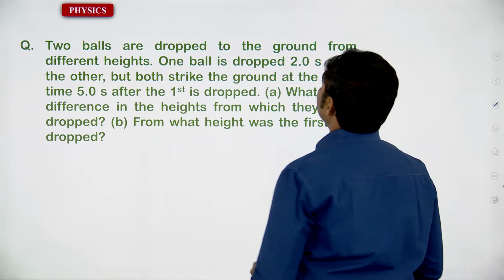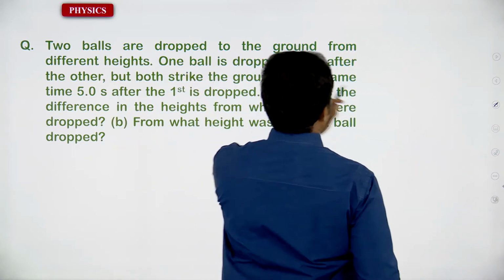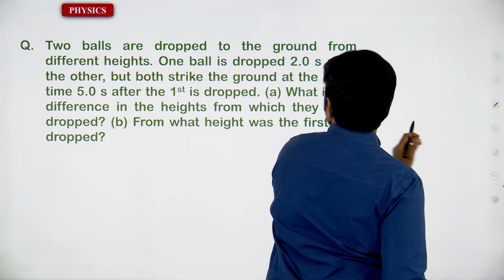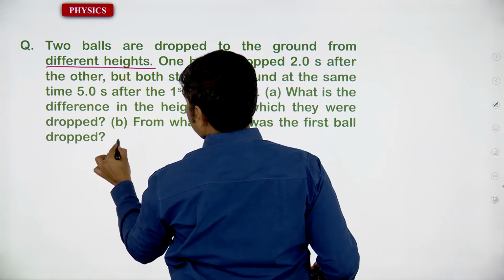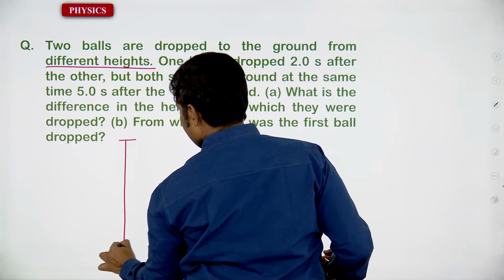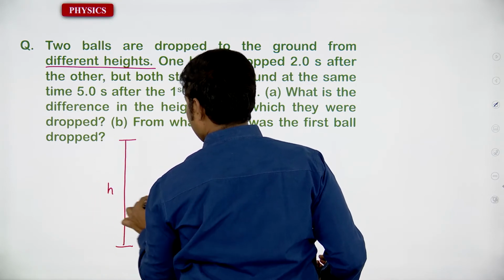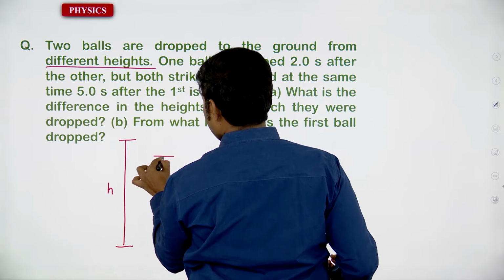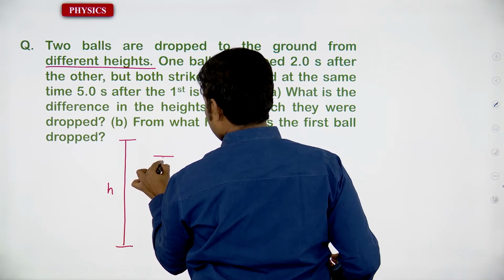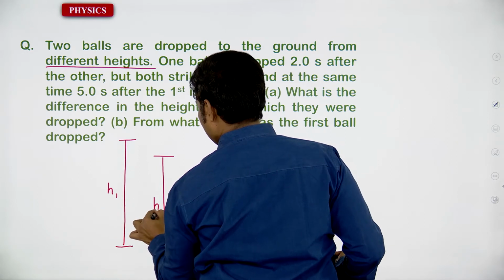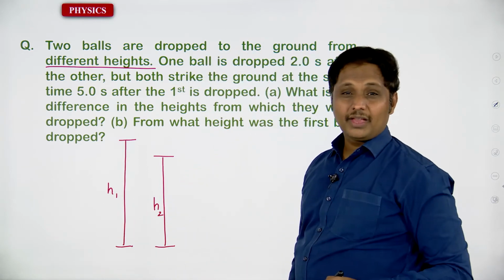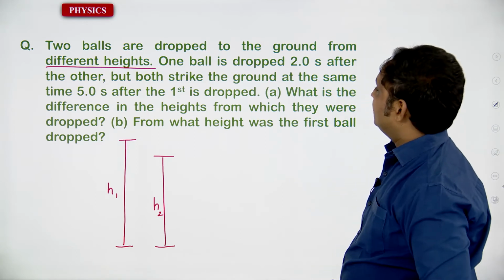They are dropped to the ground from different heights, alright, it's very clear. You have taken this as H, and another one, let's assume, this is going to be H1 and H2. Okay, it's very clear.